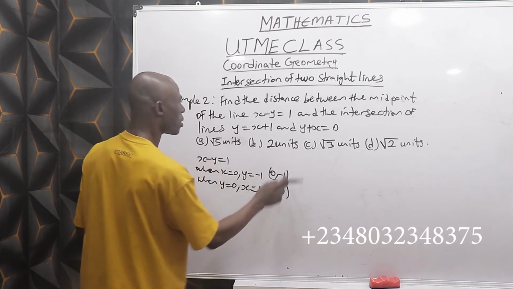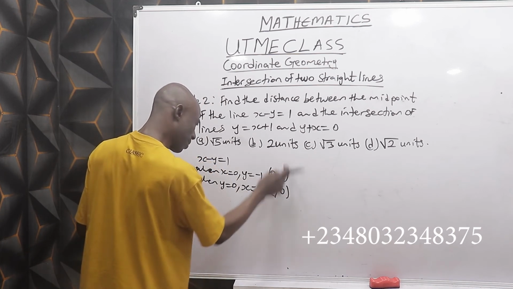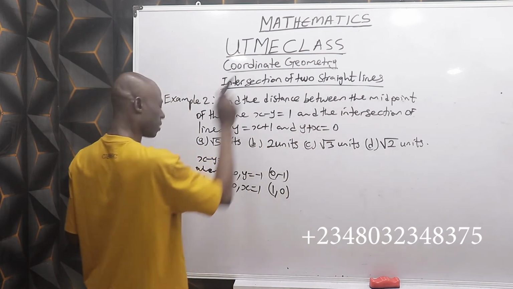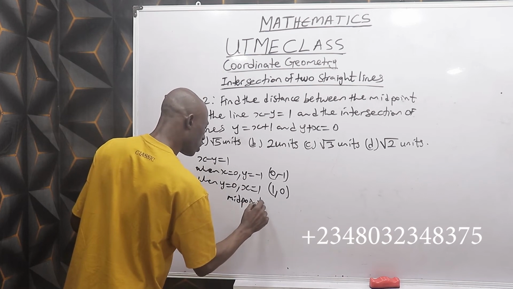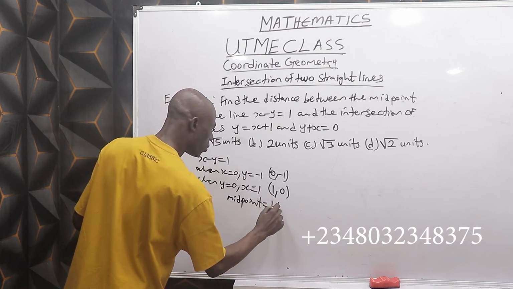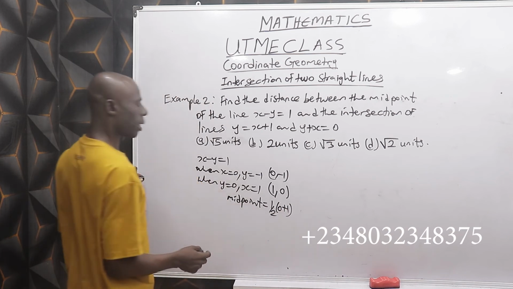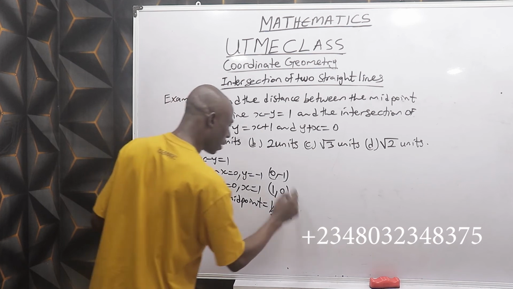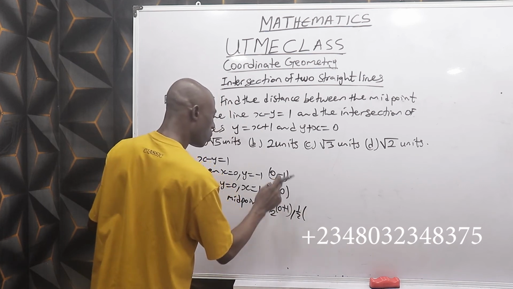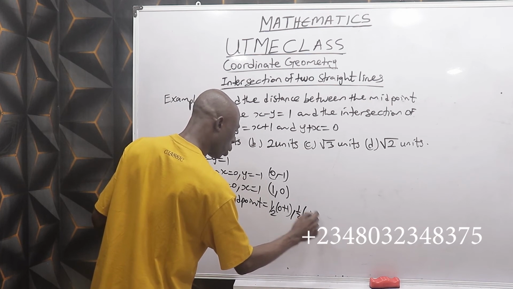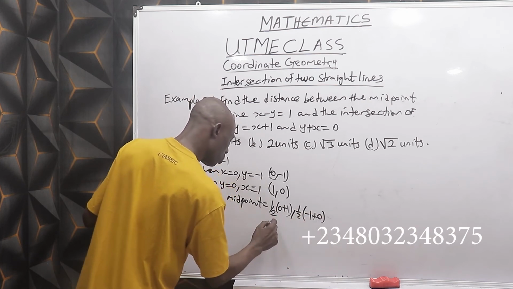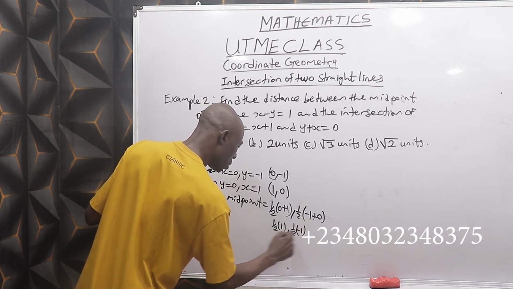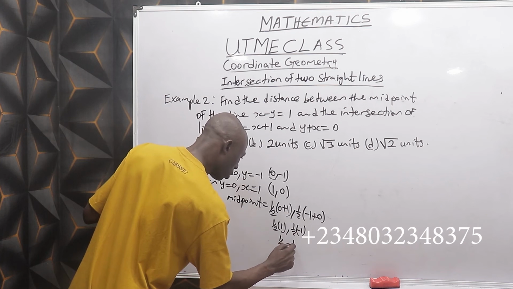The midpoint of these 2 points will form the midpoint of this line. So midpoint equals half of 0 plus 1, that is x1 plus x2, half of it, comma, half of y1 plus y2, which is half of 1, comma, half of minus 1. Answer is half, comma, minus half.